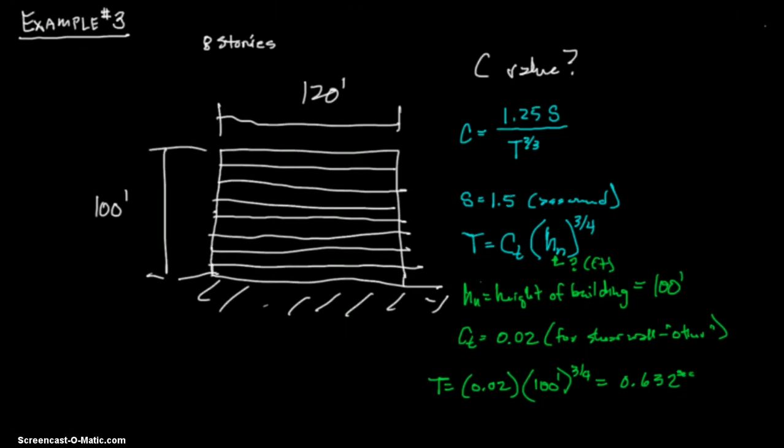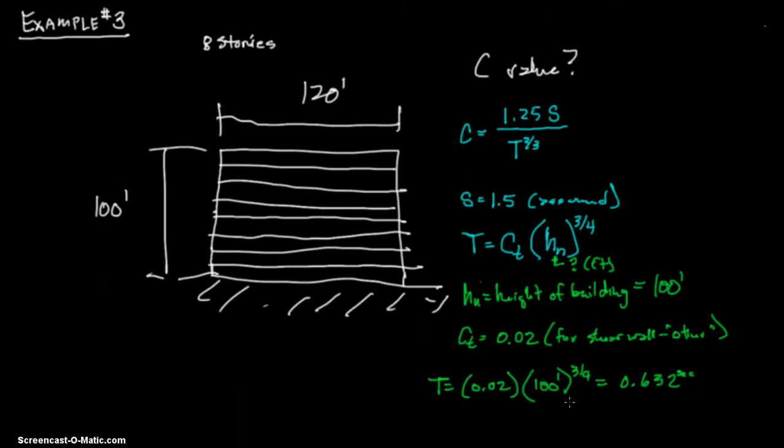I don't have the UBC to see if it says this H is in feet, or CT is in, what would it be? CT would be, I'm guessing here, seconds divided by foot to the 3/4 or something like that. I don't know what units it would be, or it wouldn't be to the 3/4. It would just be seconds over foot. So you multiply it out, and you end up getting seconds.